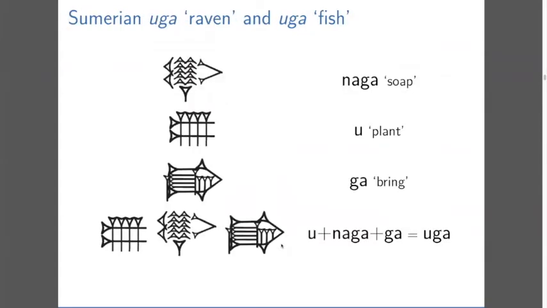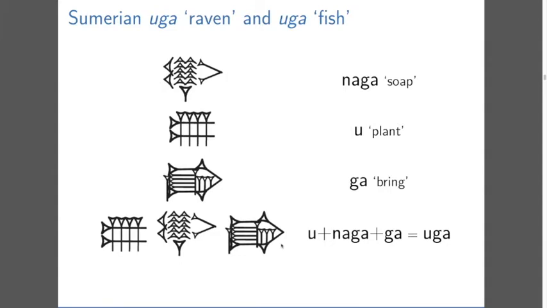So now let's look at how you actually write a word. I'm going to look at raven and fish. So you find yourself wanting to write the word for raven, which was pronounced uga. And I mean, this seems a little bit far-fetched to me, but it's what the secondary literature says. So you say, well, what's the most similar sounding sign I already know of?